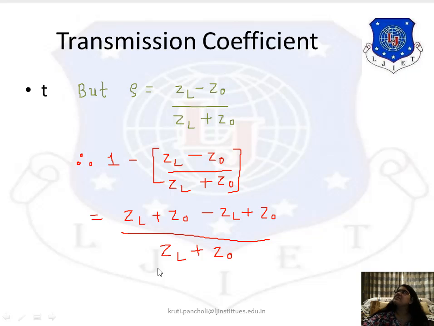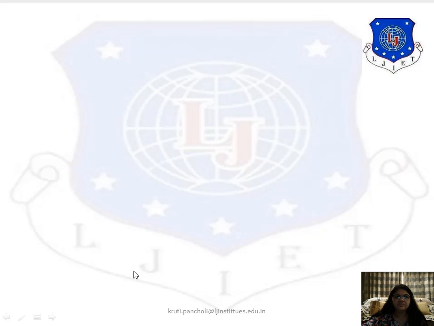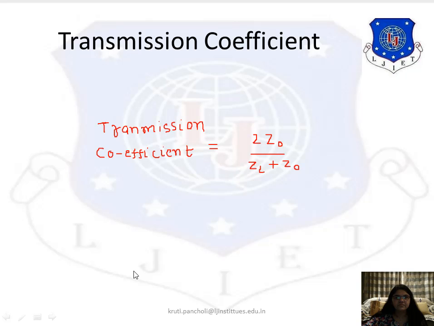So the transmission coefficient is equal to 2Z0 upon ZL plus Z0.